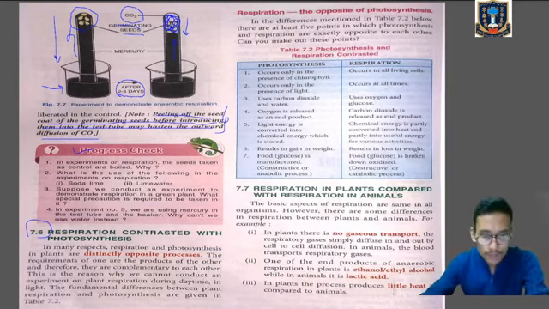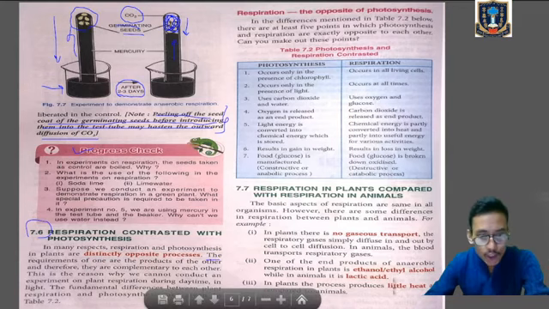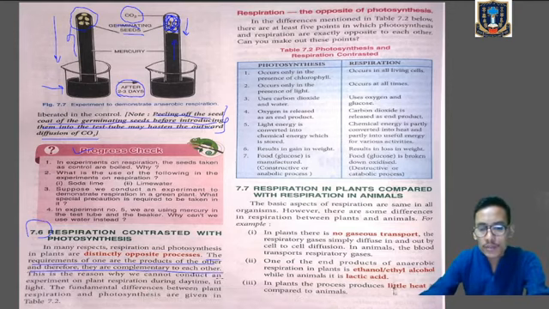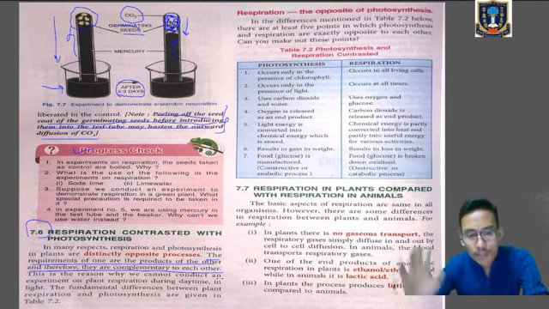Why? Look over here. The requirement of one is the product of the other, and therefore they are complementary to each other. That means the end product of one process is the requirement for the other process. Okay, so for that let's go through this table.